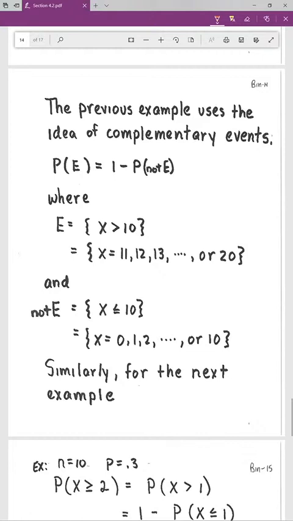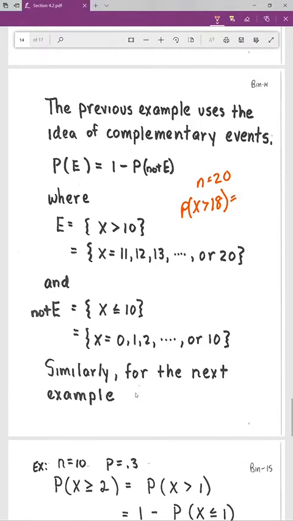It's your call, when it's appropriate, to use the complementary event. Sometimes, if our sample space was still n equals 20, and we want to know the probability of x greater than 18, I probably would not necessarily use the complementary rule in this case.